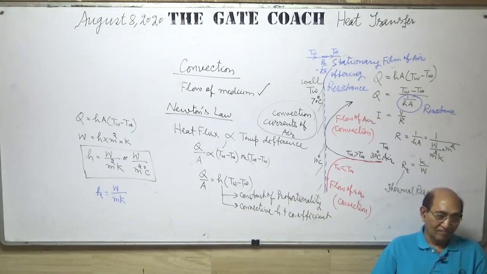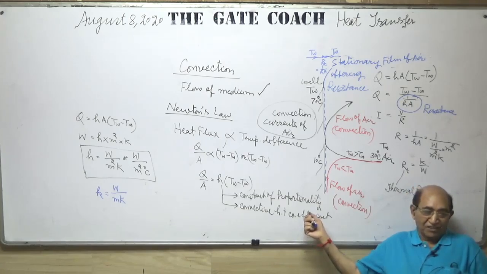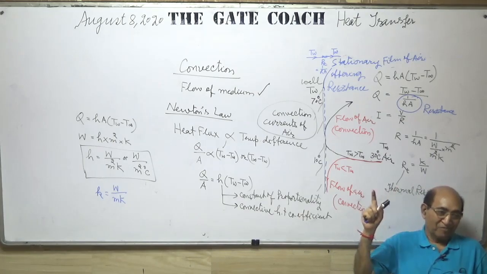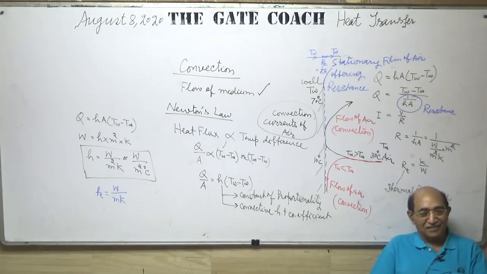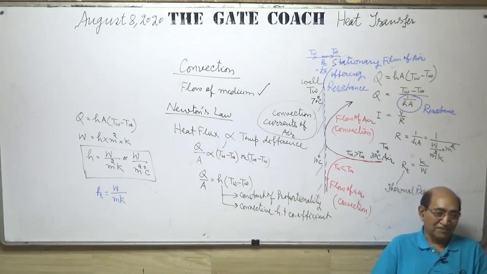Sir, how is the film of stagnant air forming? The air which is in touch with the wall, what is its velocity? 0. That means it is stagnant. That means a stagnant film of air is formed, which is offering resistance. On the film, one side is wall temperature, other side is infinity temperature.